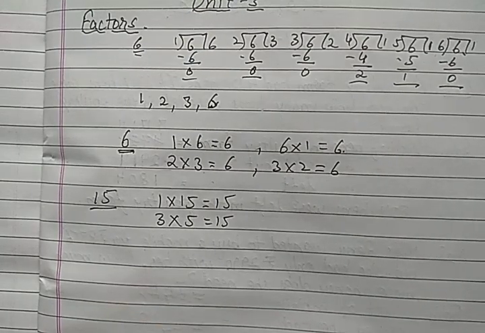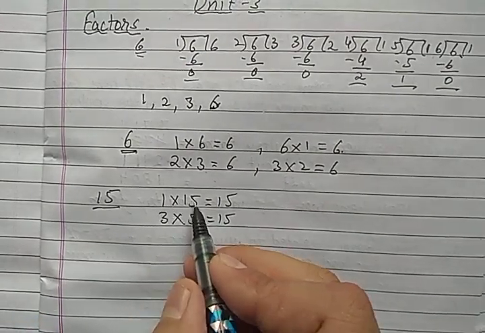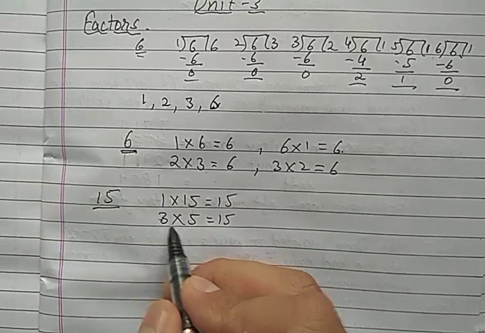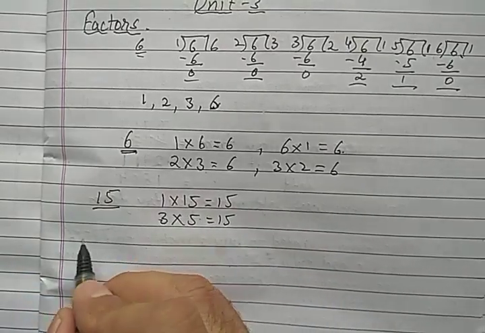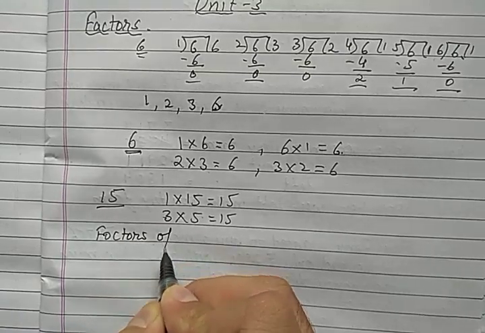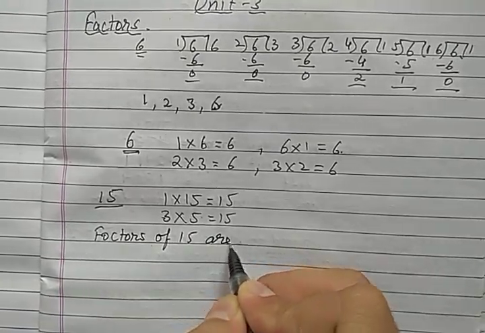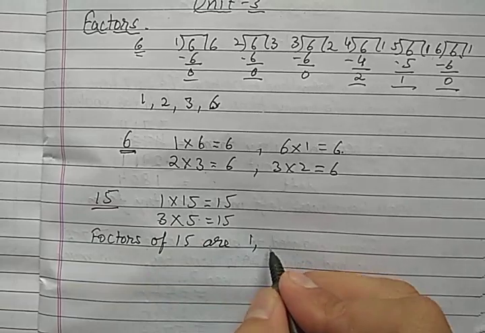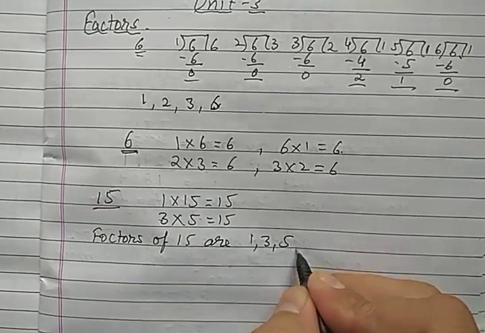No. So 1 15s are 15, 15 1s are 15, 3 5s are 15, and 5 3s are 15. So factors of 15 are 1, 3, 5 and 15.